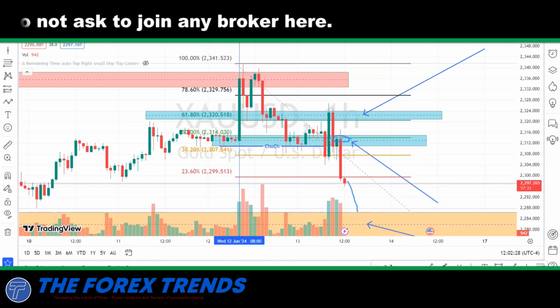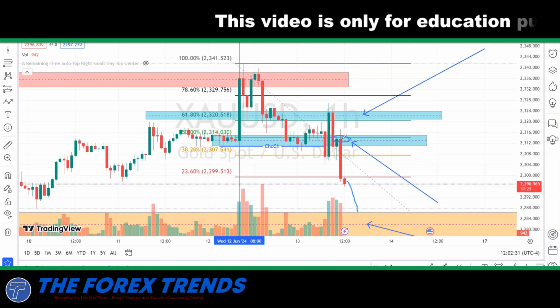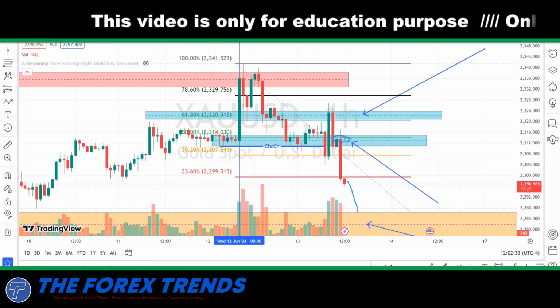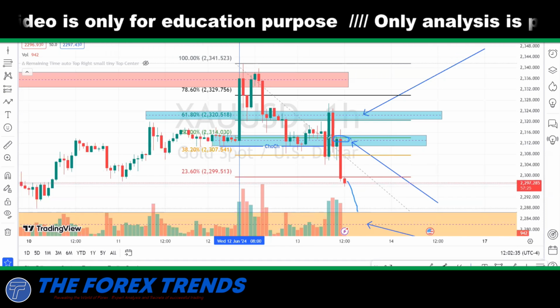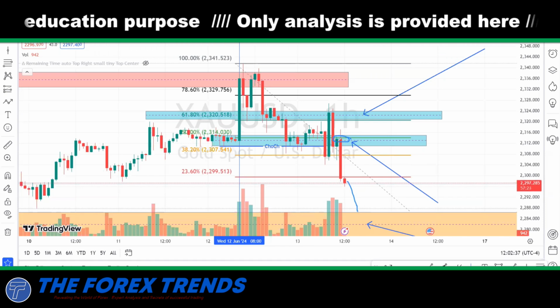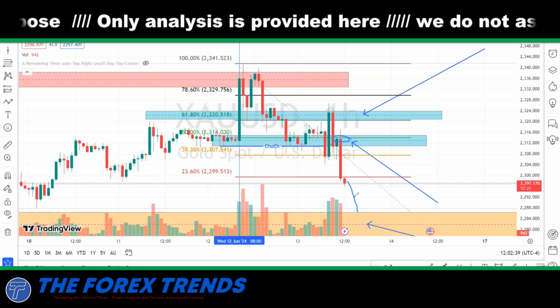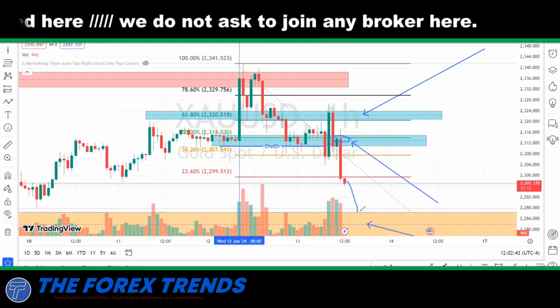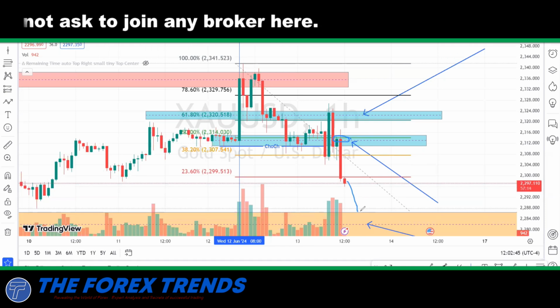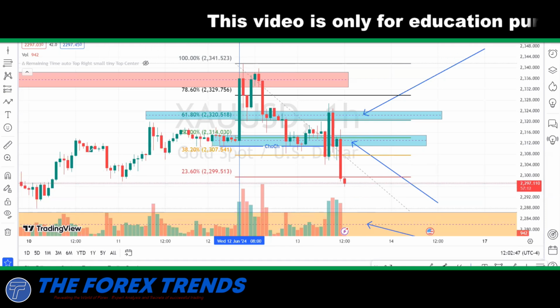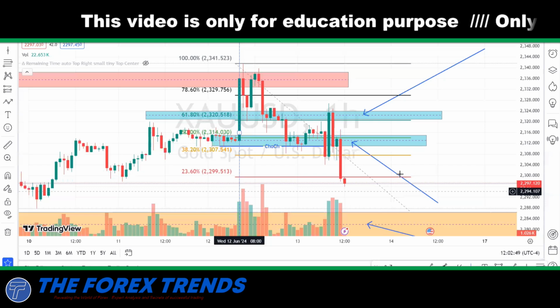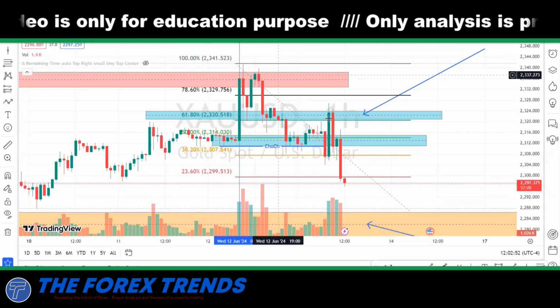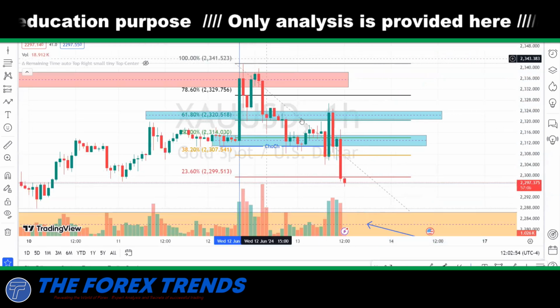Okay, in that case, there will be a second confluence of Fibo, and definitely it will work better if we get the price at this level. Okay, so these are all the setups for today and tomorrow.